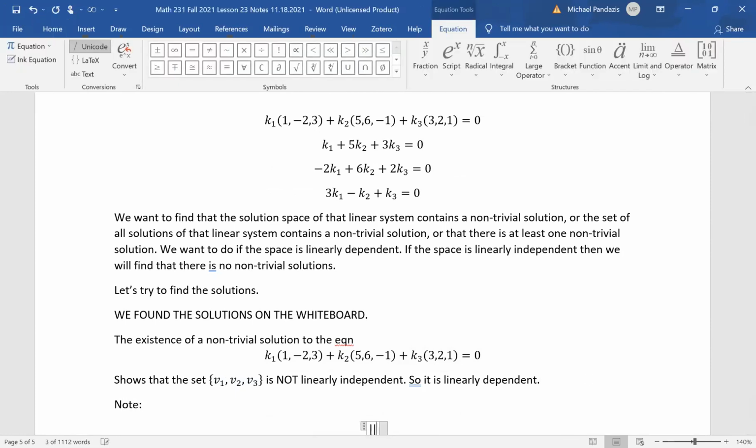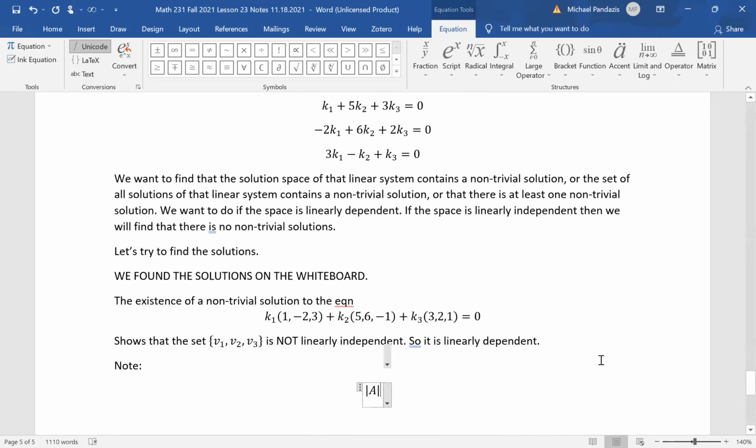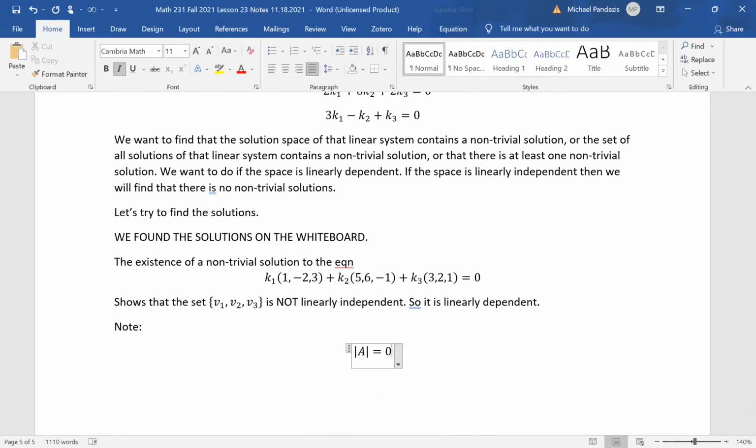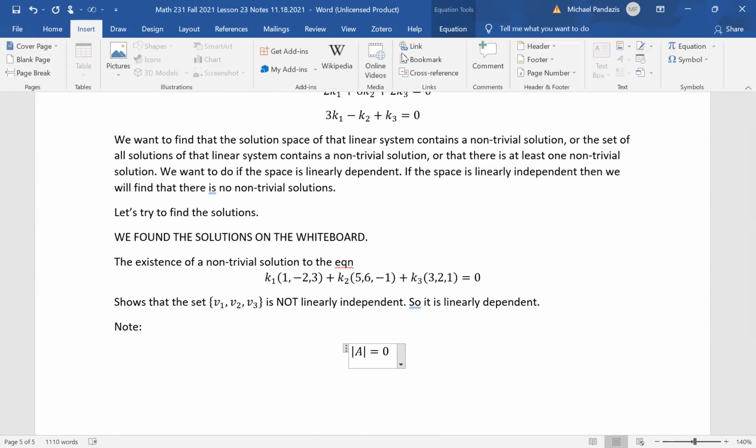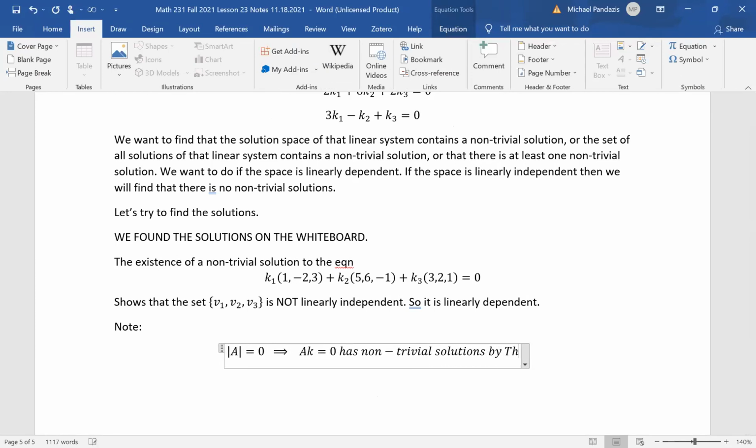Note that when the determinant of your coefficient matrix A is equal to 0, that implies that the matrix equation AK equals 0 has non-trivial solutions. This is again by the equivalence theorem, theorem 2.3.8, by parts B and G.